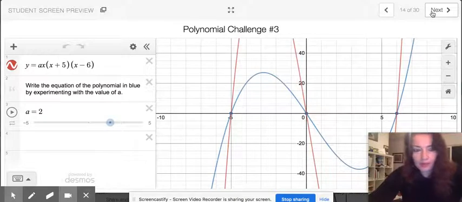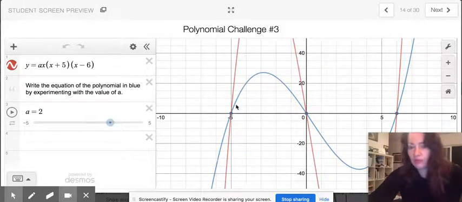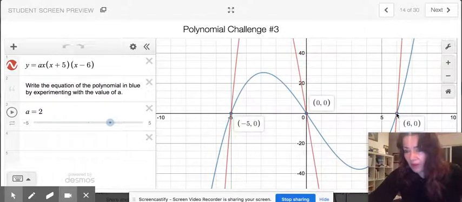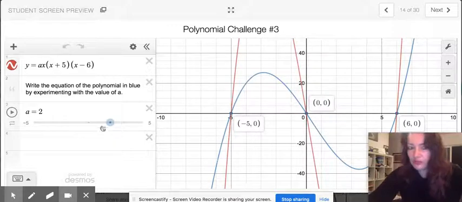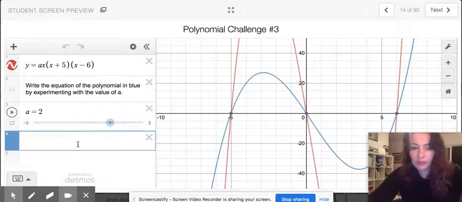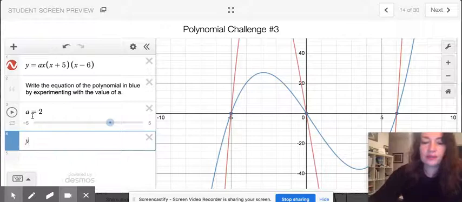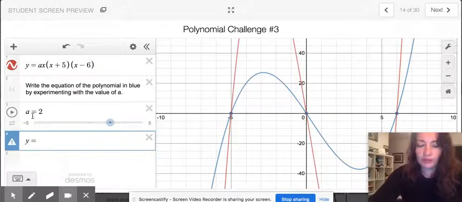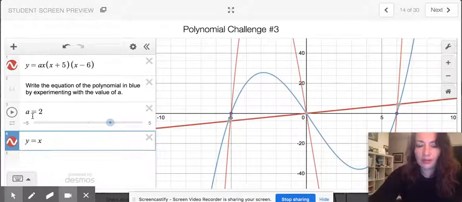All right, here we are going to write the equation of the blue, and we're going to experiment to find the a values. So we can see that the red graph and the blue graph all have the same intercepts, one at (-5, 0), one at (0, 0), and one at (6, 0). But we're going to somehow have to fix the a values so it overlaps completely. So if we look at this equation here, we can just rewrite it and then try to determine what our a value is.